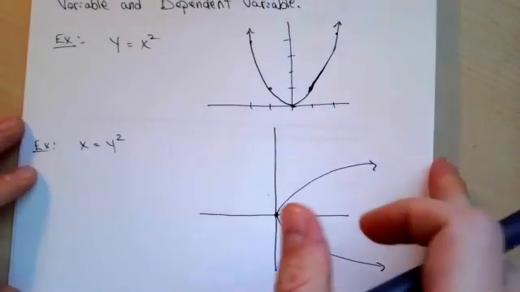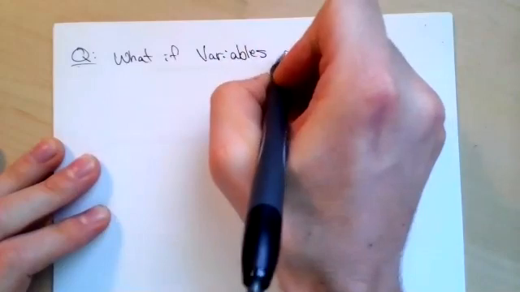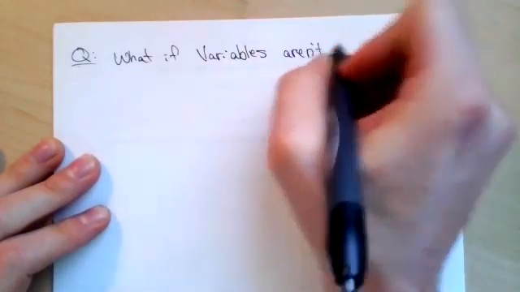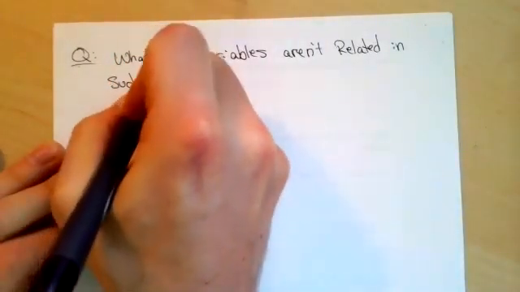And so our problem with requiring an independent variable and a dependent variable is what's going to happen if our variables aren't related in such a nice way.